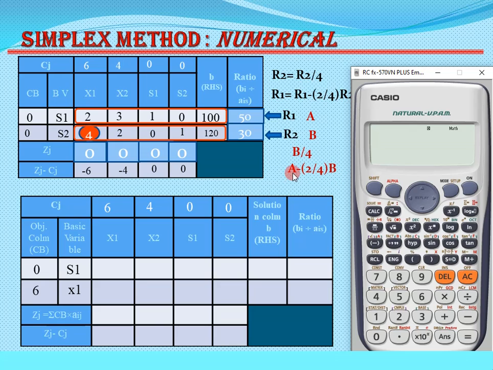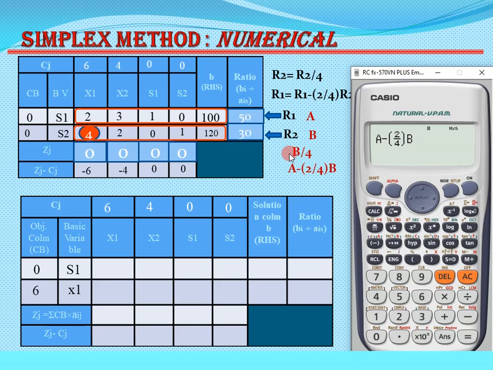To write the notation A, we have to press Alpha A, then minus, in brackets, then for 2/4 click on this fraction icon. So write 2, to go in the downward direction press this downward arrow, then press 4. Now press this right arrow key, complete the bracket, and then write B, that is Alpha B. So this first equation is defined.